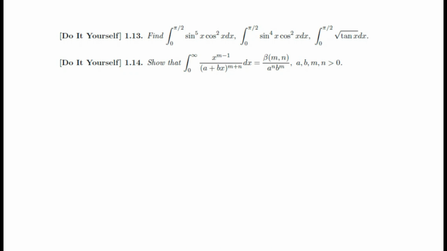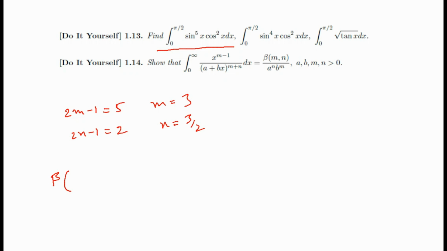And now the integral is sine power 5 cos square x, and this type of integral can also be solved using type 3. So 2m minus 1 equal to 5 and 2n minus 1 equal to 2, and you will get m equal to 3, n equal to 3 by 2.